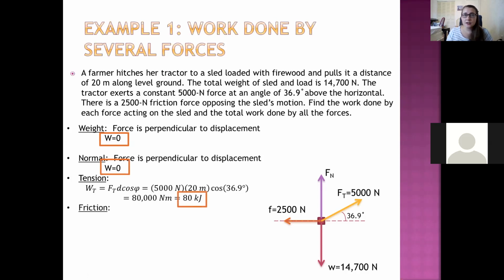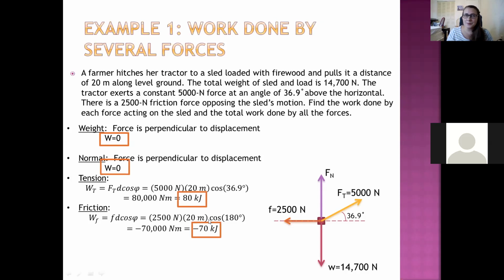And then friction also has a component that's in the direction of motion. It's actually opposite the direction of motion, as we know friction always does. Friction is like an unruly teenager. It just always opposes everything. But the work done by friction is the force of friction times the displacement times the cosine of our angle. So the force of friction is 2,500.